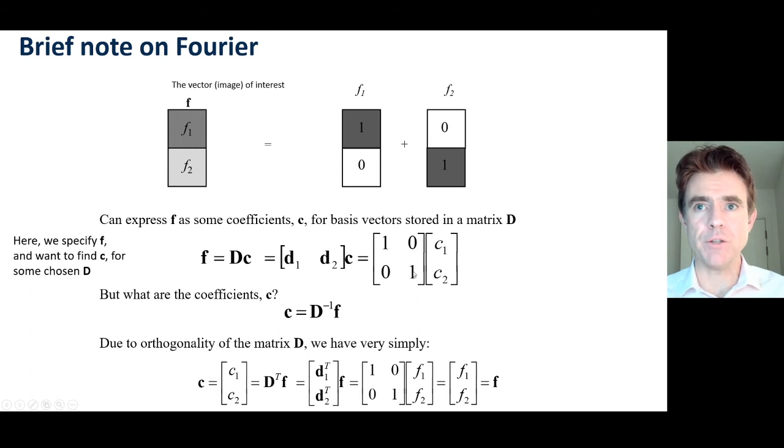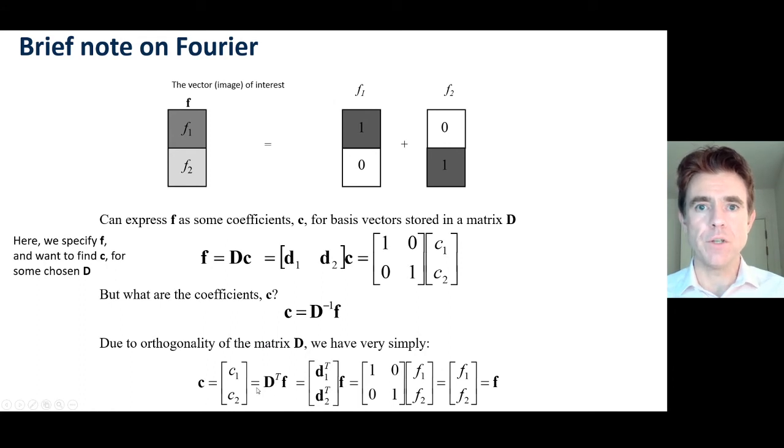But anyway, let's follow it through. These are orthogonal basis vectors, and so the inverse is equal to the transpose for an orthogonal matrix. That's one of the benefits of an orthogonal matrix. And so C can be found just by taking the transpose of D and operating on the vector f with that.